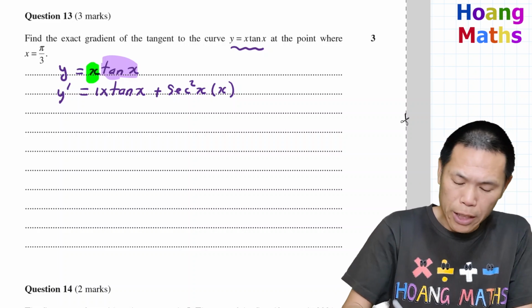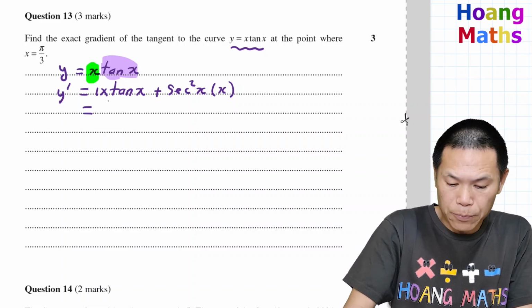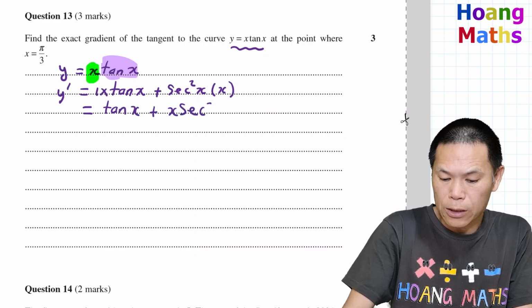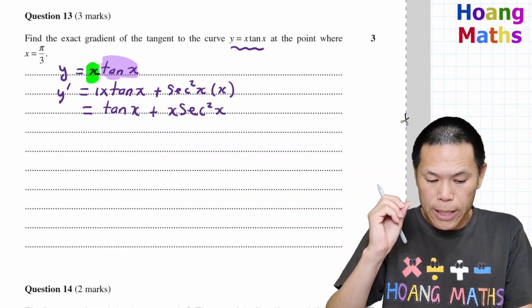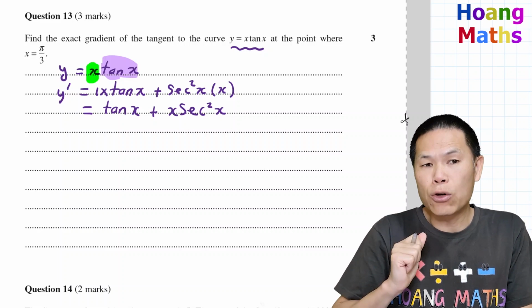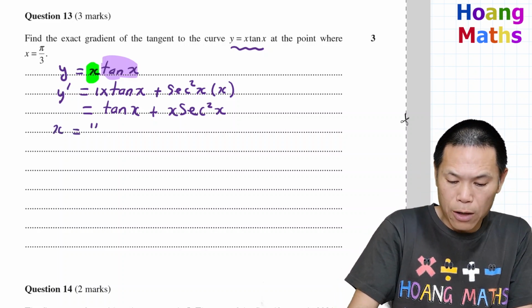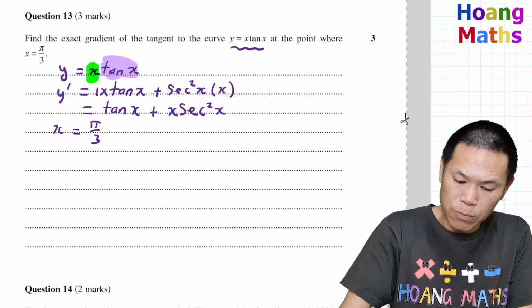Now let me just tidy this up. This is exactly the same as 1 times tan x, which is tan x, and then we add x sec squared x. But we need to find the gradient at x equal to pi over 3. So at x equal to pi over 3, every time we see x, we replace it with pi over 3.